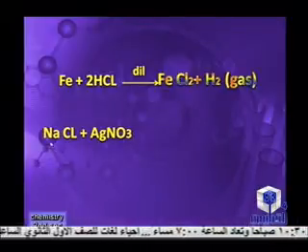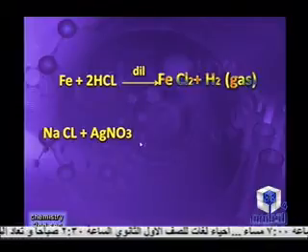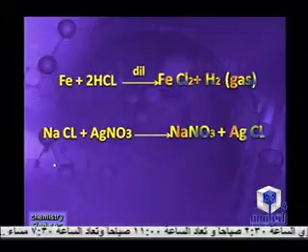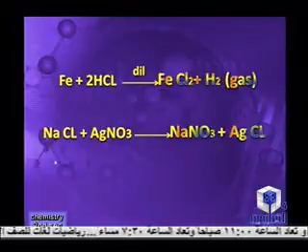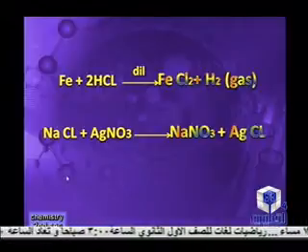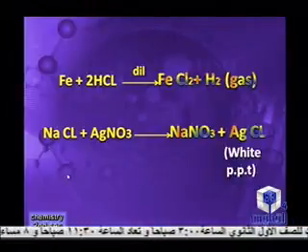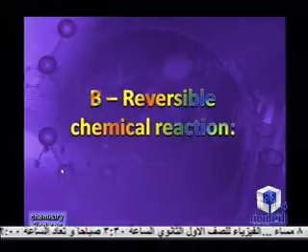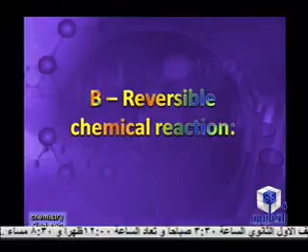Another equation, my dear students: NaCl plus AgNO3 gives NaNO3, sodium nitrate, plus AgCl precipitate. So it comes out from the medium of reaction. In these reactions, we notice that one of the products comes out from the reaction.